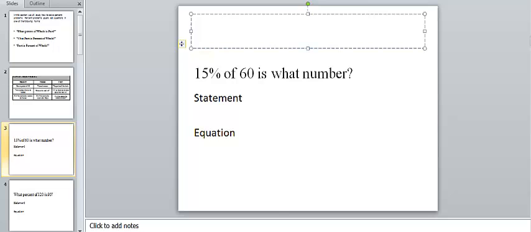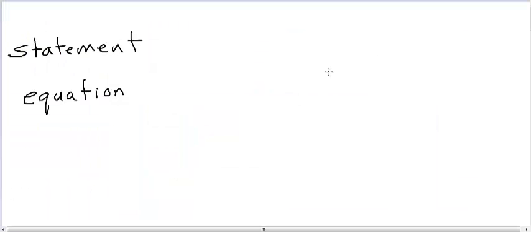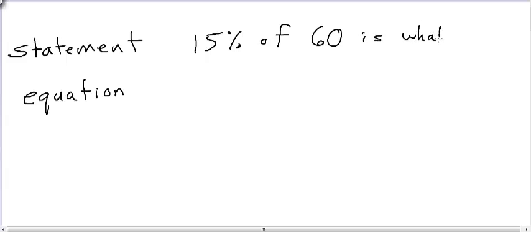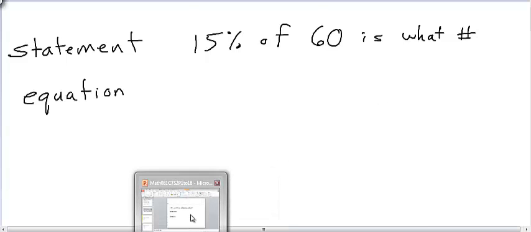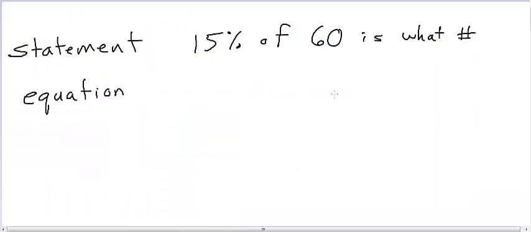So if I'm going to change this into an equation, from 15% of 60 is what number? I'm running out of room. 15% is 15%, but in an equation I want to write it as a decimal always. So this becomes 0.15.